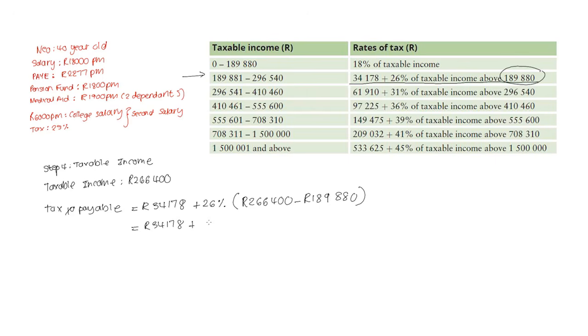And on simplifying, we see that Neo will have to pay 26% of 76,520.